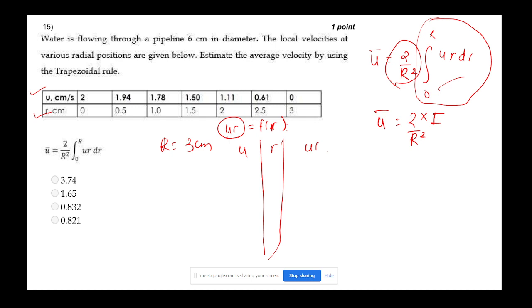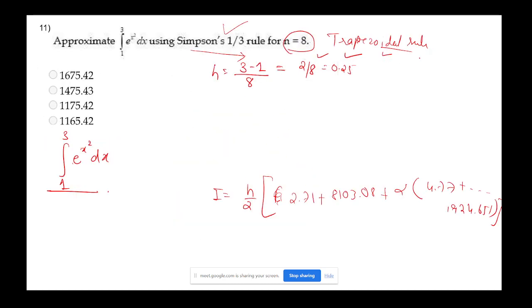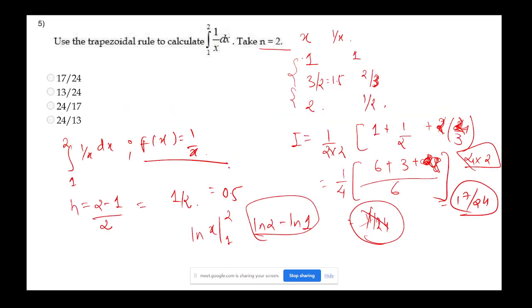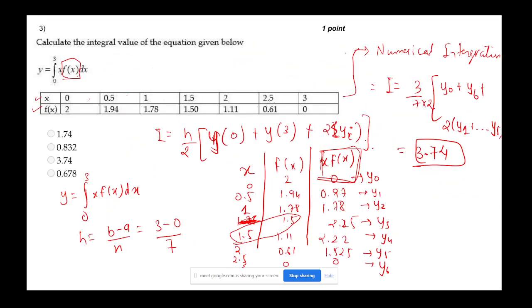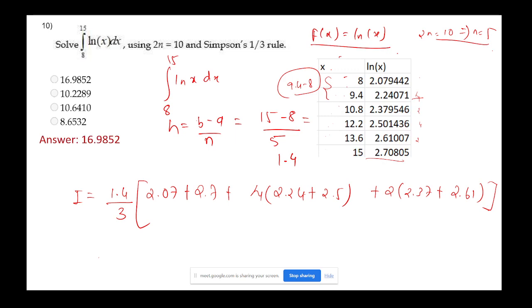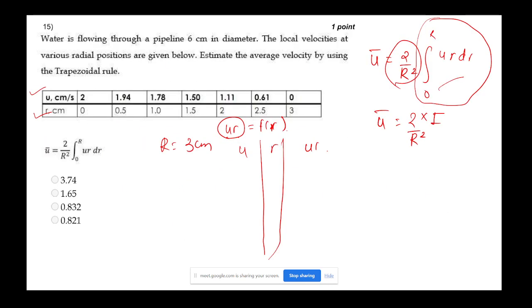I guess the values are similar to the ones we had in the previous question. So you can see here that the values are the same. The integration value in that question was coming out as 3.74.